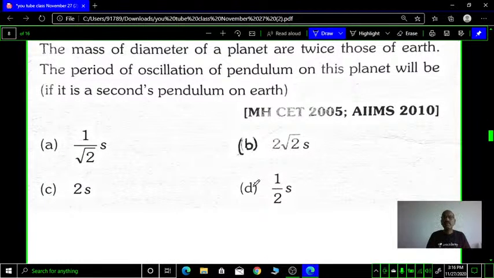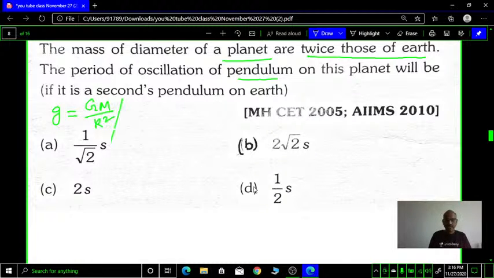The mass and diameter of a planet are twice those of Earth. The period of oscillation of a pendulum on this planet will be, if it is a seconds pendulum on Earth. Seconds pendulum means the time period of the pendulum is 2 seconds. Clearly understand, first, what is the gravity? We know G M by R square. Here the mass and diameter of the planet are twice those of Earth.